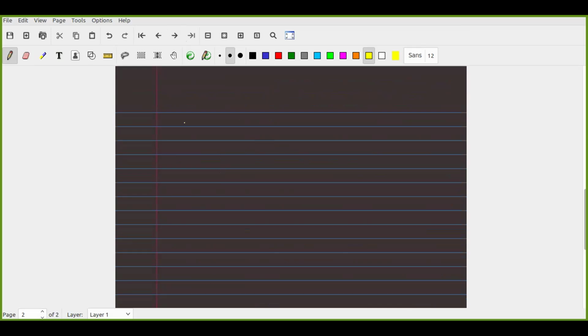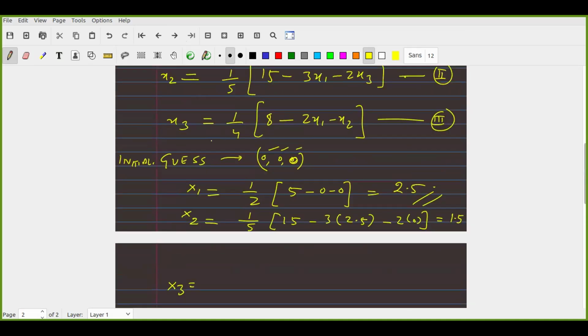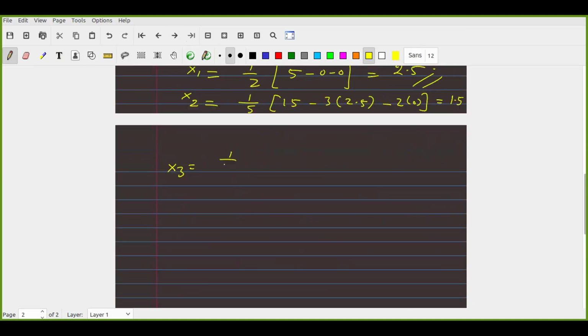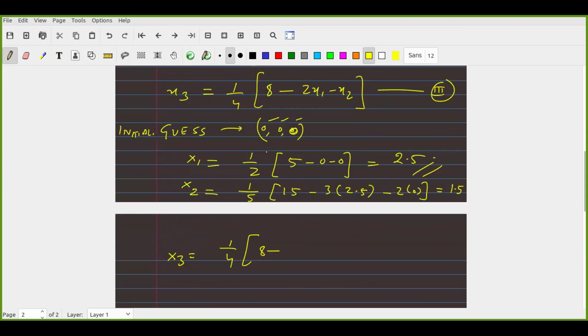So let's go to x3. The same Roman 3 you see here. This formula I'm going to use: 1 by 4 times (8 minus 2x1 minus x2). So now x1 and x2 are both computed, so no need of resorting to the original guess. We'll use 2.5 and 1.5.